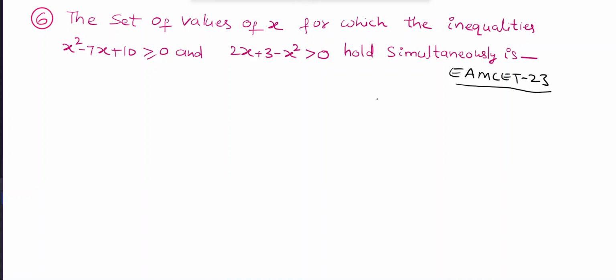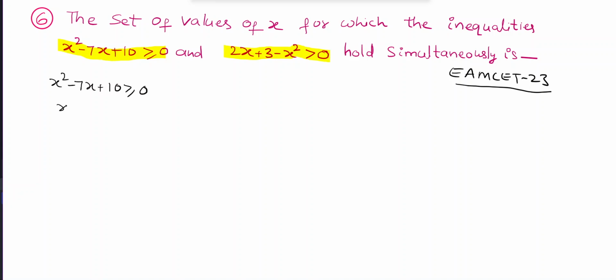This is the sixth question from quadratic expressions. The set of values of x for which the inequalities x square minus 7x plus 10 greater than or equal to 0 and 2x plus 3 minus x square greater than 0 hold simultaneously is dash. Here is x square minus 7x plus 10 greater than or equal to 0.